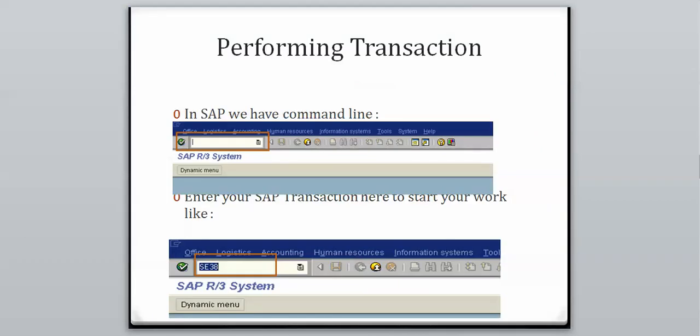So I'll talk about how we perform different activities in SAP. You have this particular box in the GUI available. Everything you do in SAP is done through a transaction. So you need to enter your transaction detail here, and you can navigate to that particular screen. Like in a browser, you enter google.com, you enter Gmail, you enter Yahoo.